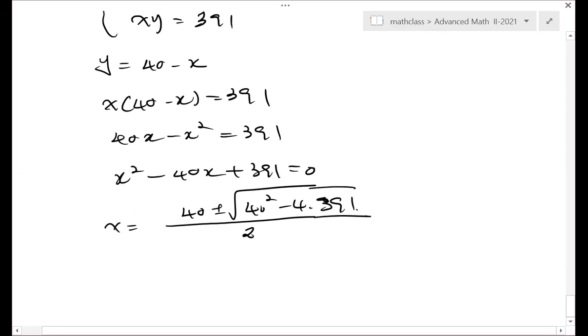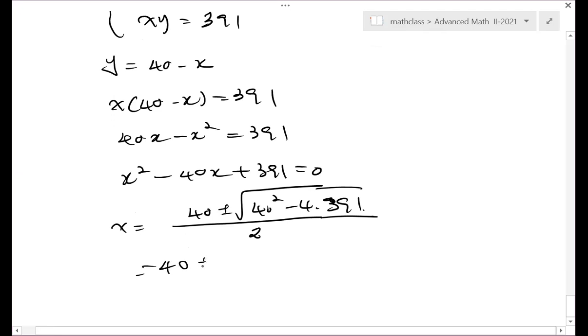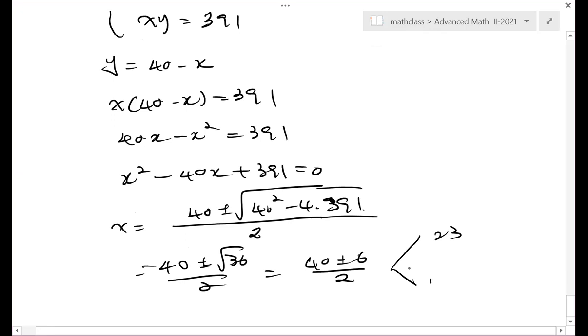Okay, so it's not too bad. After you simplify, it's going to be the square root of 36 over 2. It's 40 plus or minus 6 over 2. So two solutions. When it's 40 plus 6, that's 46 divided by 2, which is 23, right? And 40 minus 6, okay, this will be 34 divided by 2, right? 17.